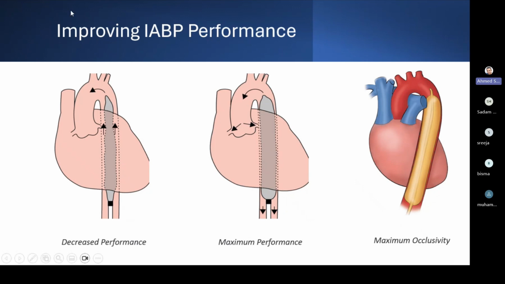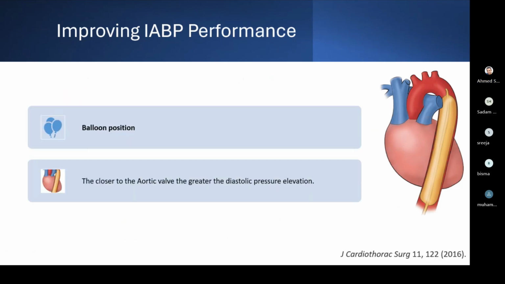So the blood flow directed to the organs will be suboptimal. And as you see here, with maximum occlusivity, the blood flow going to the organs will be maximized here and here. This one will go to the heart also and will go to the coronary perfusion and to the cerebral circulation.